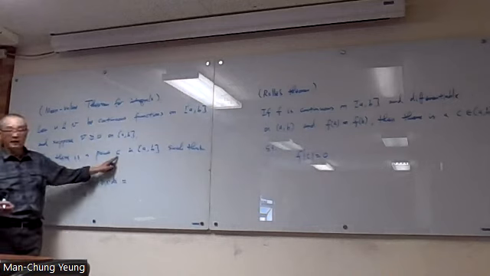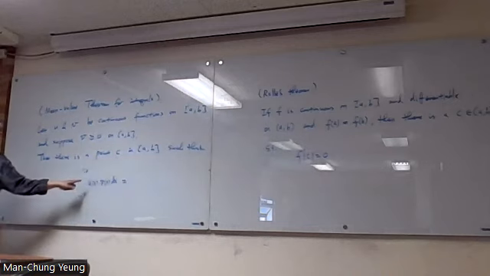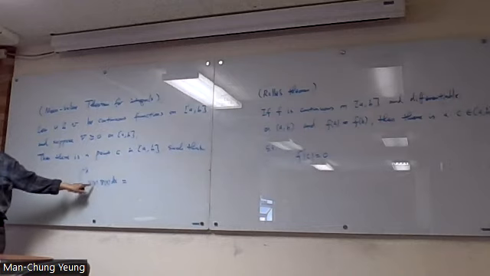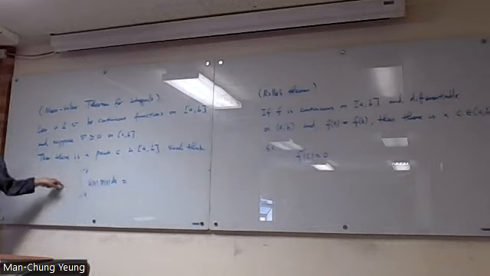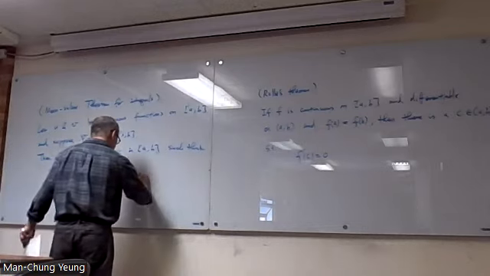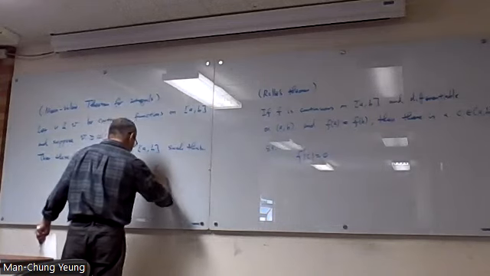We can find a point C between A and B so that, with two functions u and v, we can move one function outside the integral. Which one? U, u of C.